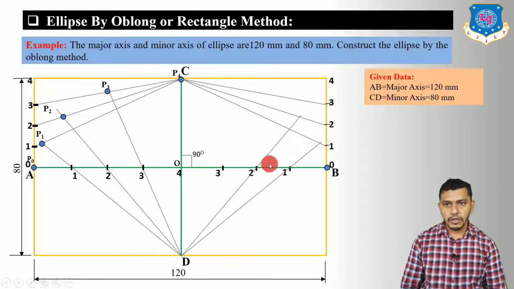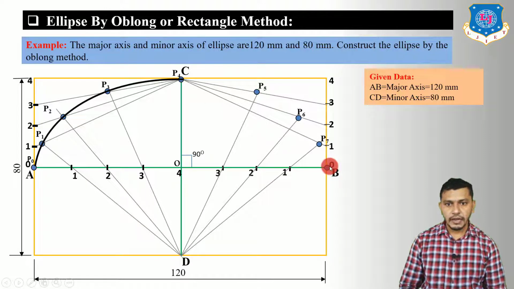Connect D to 2 and extend the line to get the intersection at the C2 line. Connect D to 3 and extend this line to get the intersection point at the line C3 and mark these points. Let us say that this is P5, P6, P7 and this point will be our P8.